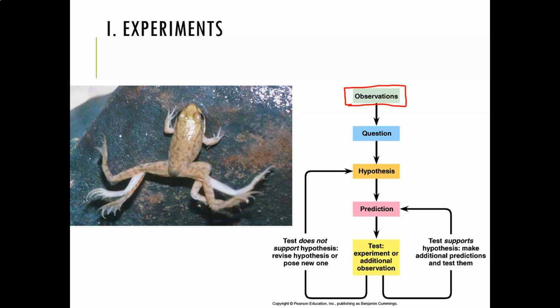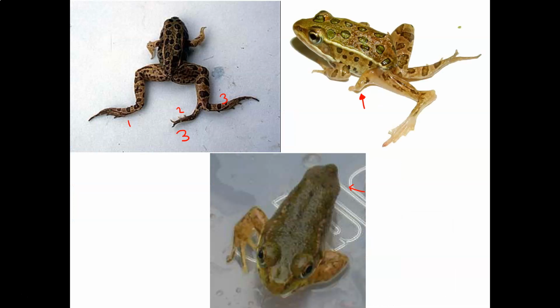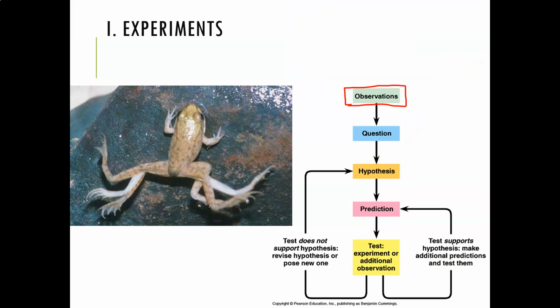So when I showed you this image previously, you're like, oh my gosh, what is that? And as you looked at that image, you're probably sitting there going, there's something unique here about these frogs, which then gives you this part, which happens to be the question. The question is a very general type of thing, and here the question is, basically, what is causing the frog deformities?